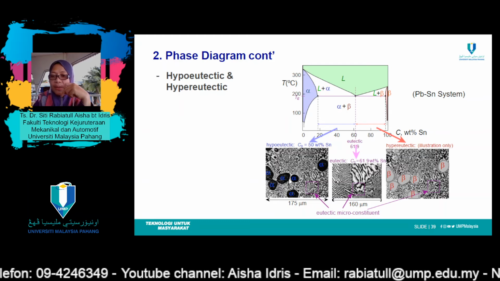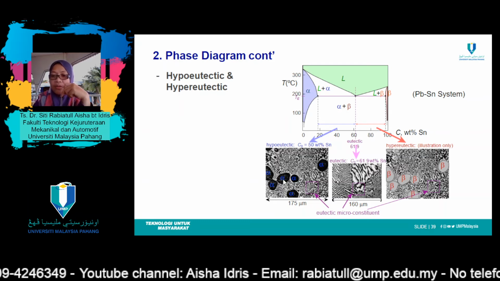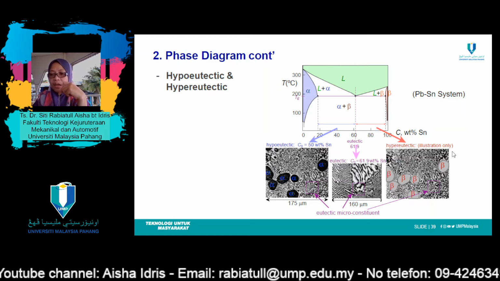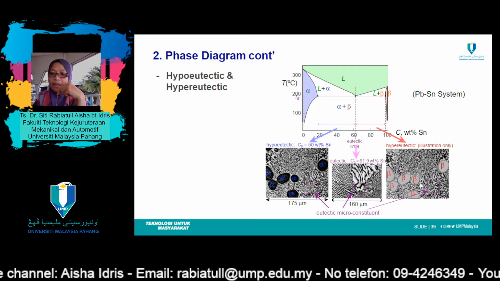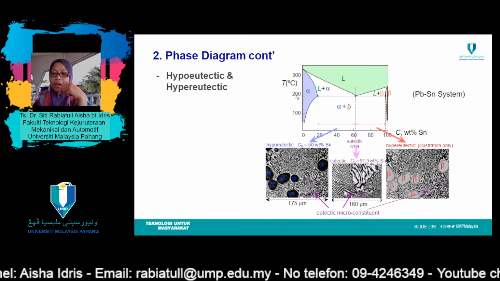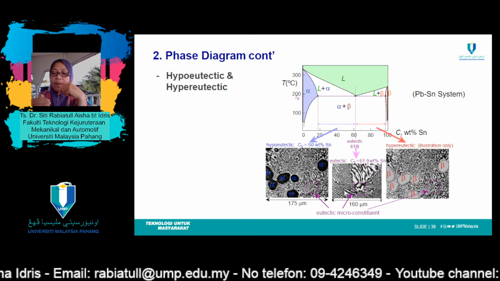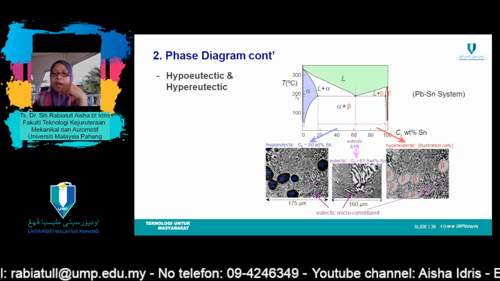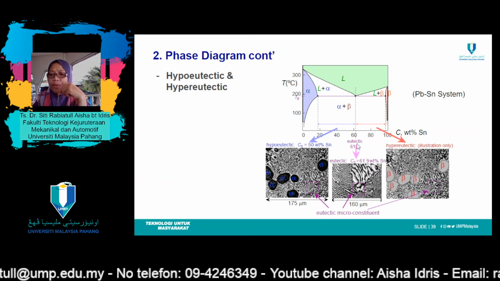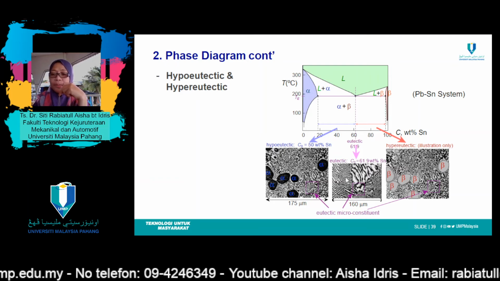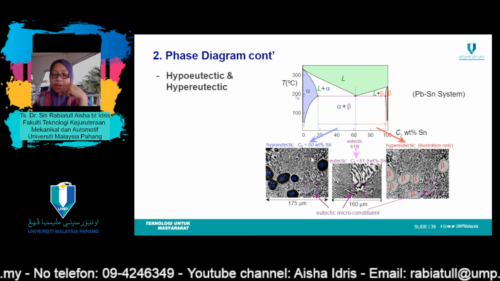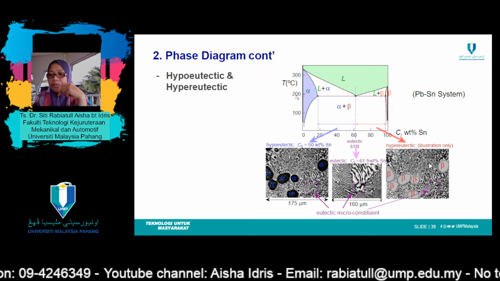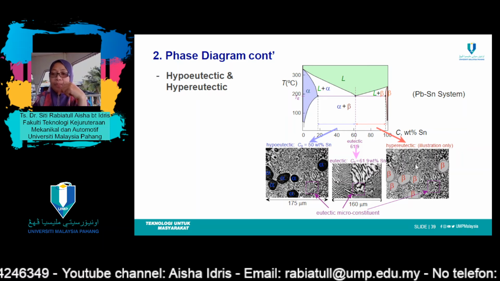Okay, you may see lamella plus alpha phases in it, and this one lamella plus beta in it, but this one is 100% lamella, alpha and beta only, passing through the eutectic point. And below the eutectic point, for this case, is known as hypoeutectic, and above the eutectic point is known as hypereutectic.